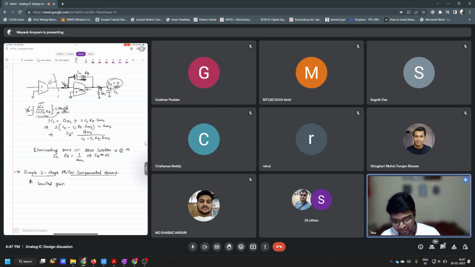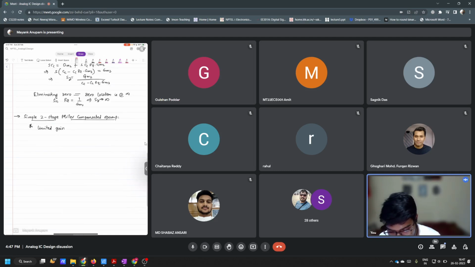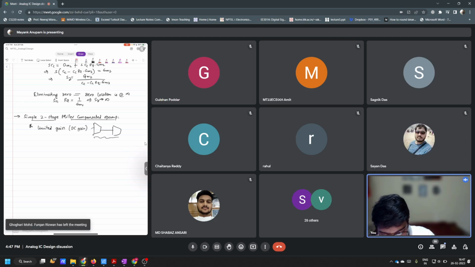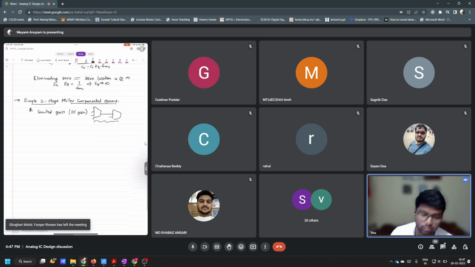Okay, fine. So I was talking about this two-stage Miller compensated op amp. Here we had limited gain, I mean there are only two stages. So the DC gain, by limited gain I mean DC gain, is the multiplication of the gains of these two individual op amps. So this is some gain. Let's say we want to make the gain even higher.